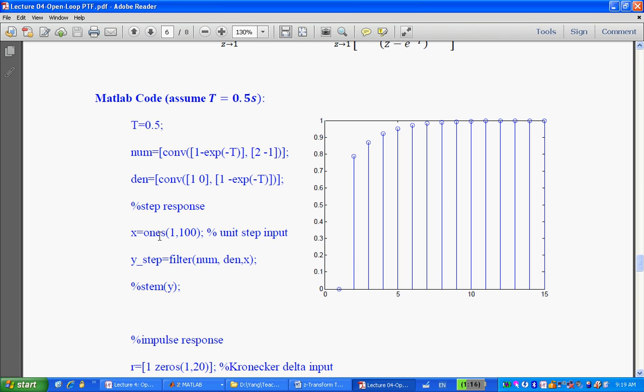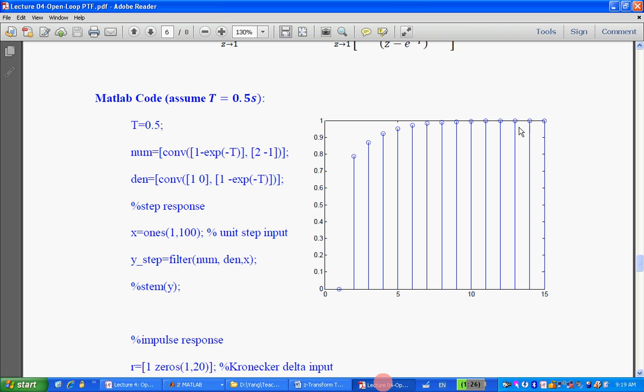Basically, step input is all ones. Then give it to the filter command. The first parameter for the filter is the numerator of the pulse transfer function. The second is the denominator of the pulse transfer function. The third is the input, x. The output is the response. So that's what the response looks like, right? It reaches 1.